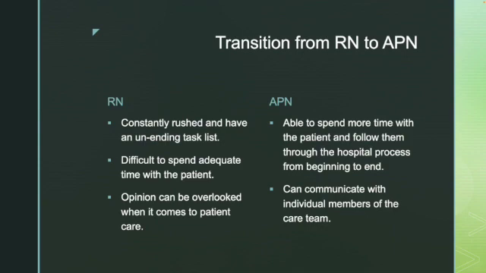With the advanced practice nurse, you're able to spend more time with the patient, follow them through the hospital process from beginning to end. You can view outcomes, and you can be more outcome focused, and you can communicate with the individual members of the care team and facilitate their involvement in the care plan.